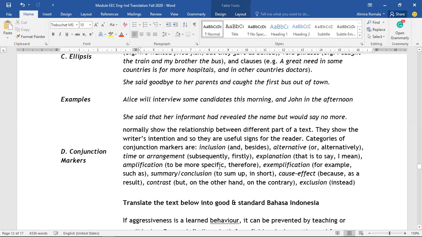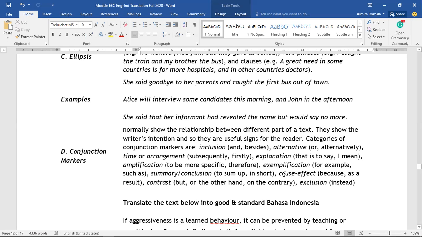Amplification, to be more specific, therefore, or in Bahasa Indonesia we use jadi. And exemplification, to give an example: for example, such as. And then summary or conclusion, to conclude the previous sentences or paragraph: to sum up, in short, in summary, in conclusion.